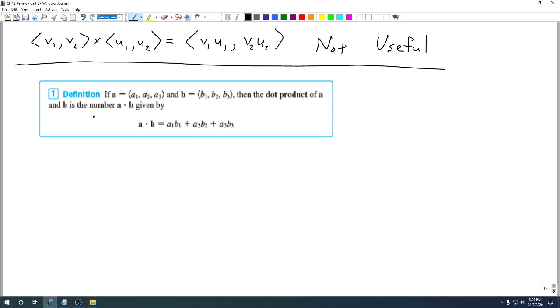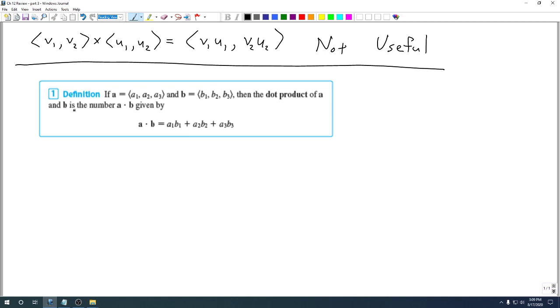So here we have two vectors, a and b. We're talking about two vectors in three-dimensional space, a1, a2, a3, and b1, b2, b3. The dot product of those two vectors, essentially, we are going to multiply the corresponding components, so a1 times b1, a2 times b2, a3 times b3, kind of like what we're doing up here, but we're going to add those together, which might seem a little weird to do at first, but it turns out this is going to have some very useful and geometric ideas that are connected to it.